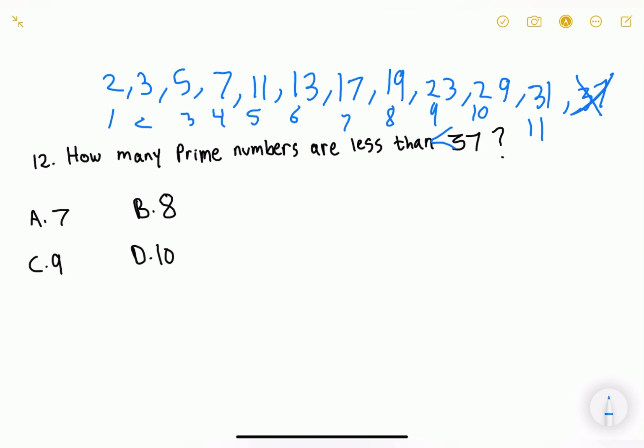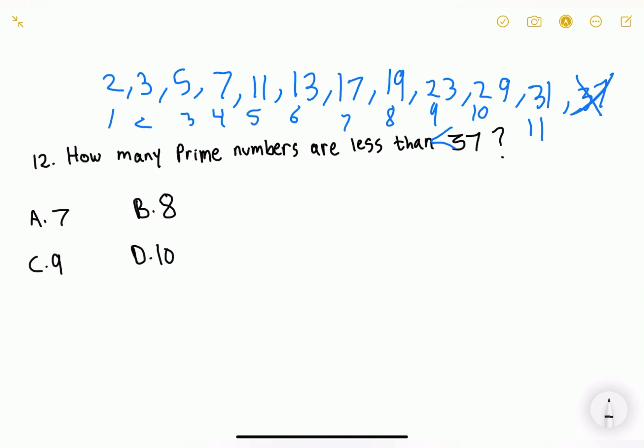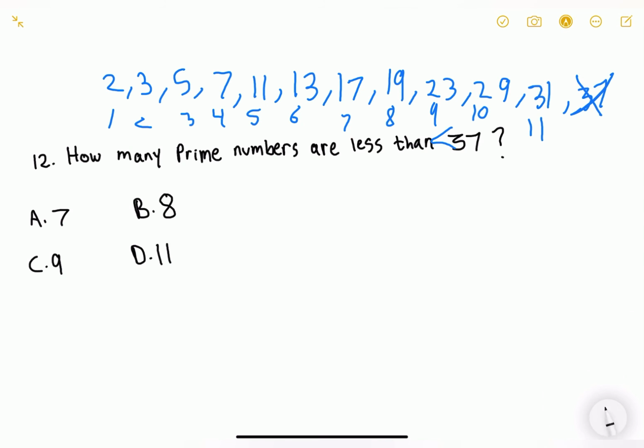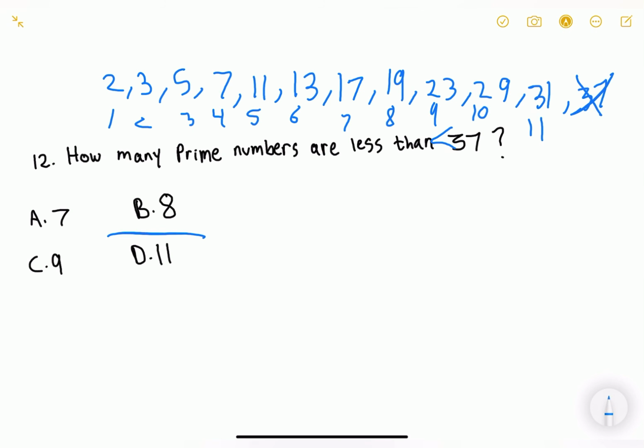So there are 11 numbers that are less than 37. Now that I did this problem with you guys, I noticed that I made a mistake in the choices. So D was supposed to be 11, and our answer is supposed to be D, which is 11.